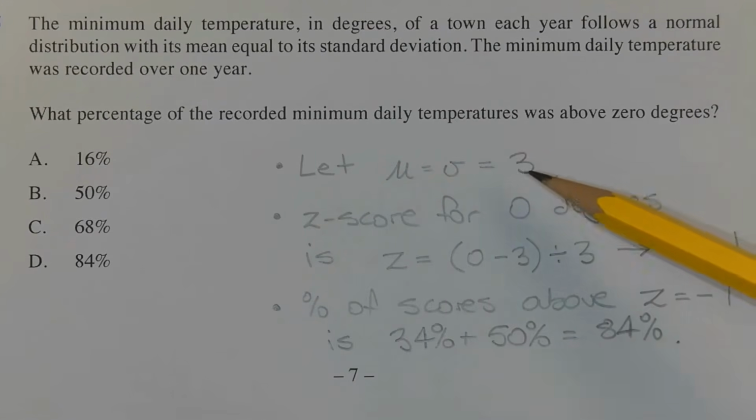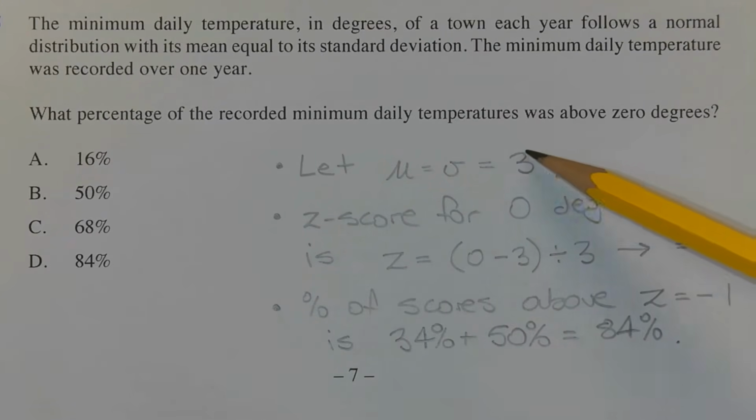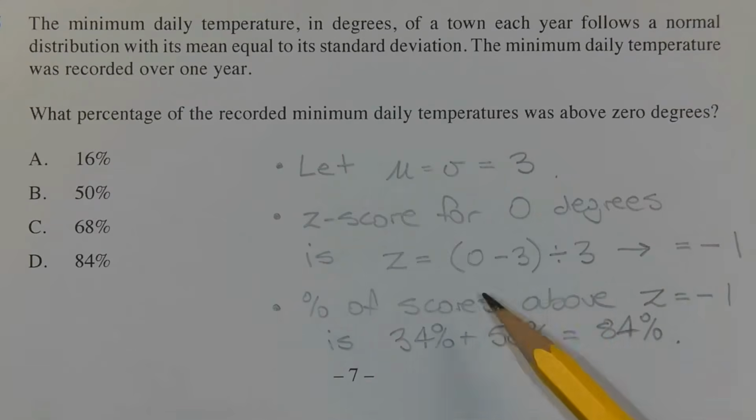It doesn't matter what value we choose here, we're always going to get a z-score of -1 using this formula and using 0 here. So we want the percentage of scores that lie above z equals -1.